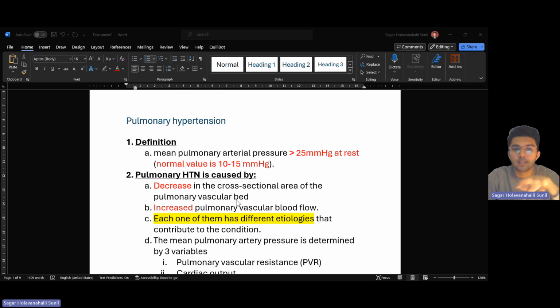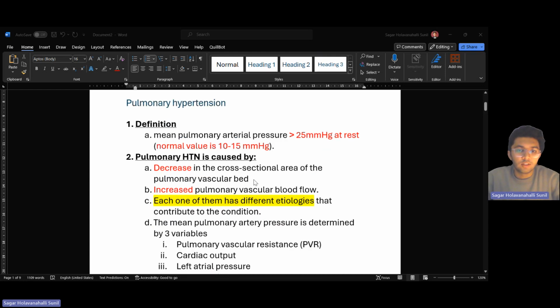And you know that in series circuits, the resistance increases, whereas in parallel circuits, each has equal resistance, or the total can actually decrease. So similarly over here, if you look at the cross-sectional area of the pulmonary vascular bed, when there's a decrease in the cross-sectional area, you're going to have smaller vasculature and there'll be increased resistance.